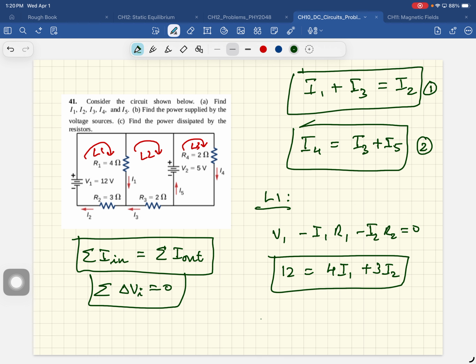Then loop 2 gives you, we'll start off here, plus I1 R1, minus V2, and then minus I3 R3.